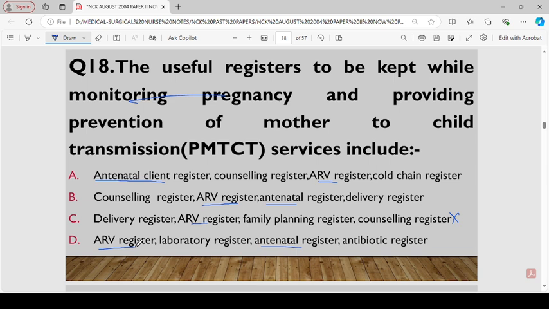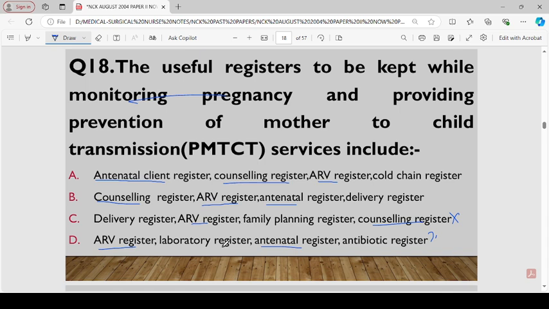Like now you need counseling, right? Counseling, because they may be on treatment. Counseling is also here. I'm happy counseling is here, but we already said it lacks the antenatal register, so it's wrong. Okay, then we have this one, which is lacking again, but we keep it for consideration. It's lacking the counseling register, right? The counseling register. All right.